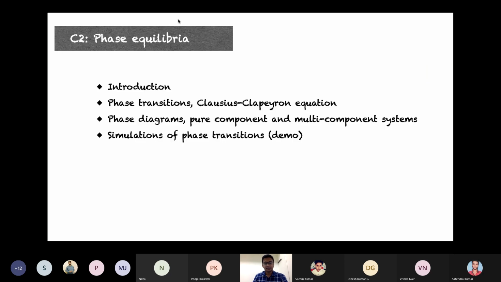So today we'll be talking a little bit about phase equilibria, and I specifically selected this part because it has relevance to the work we'll be doing, the topics we'll be covering in molecular modeling and simulations.